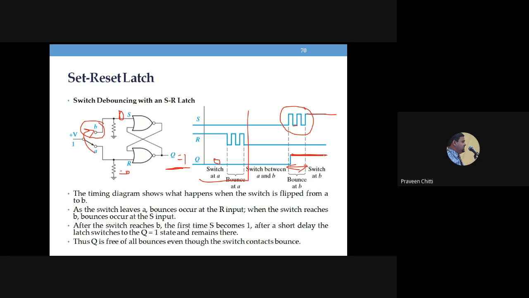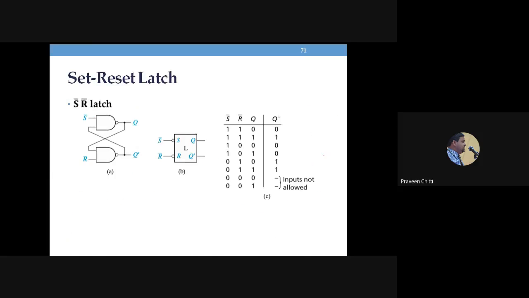So even if there are several transitions occurring at that particular instant, the moment S input becomes 1, Q will be 1, and subsequently when S becomes 0, Q will not become 0. Q remains 1, because when S becomes 0, the latch enters the no change state and holds the previous value, and that is the important property of the SR latch used in the key debounce problem.